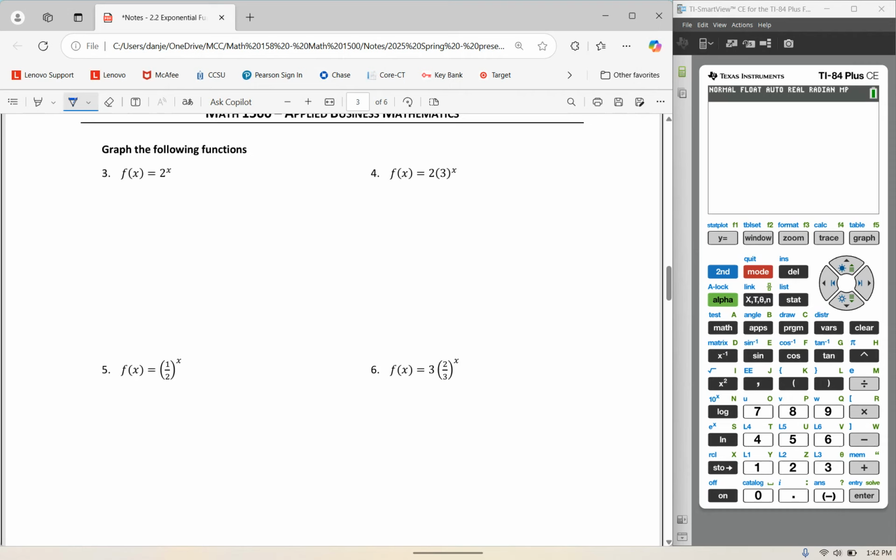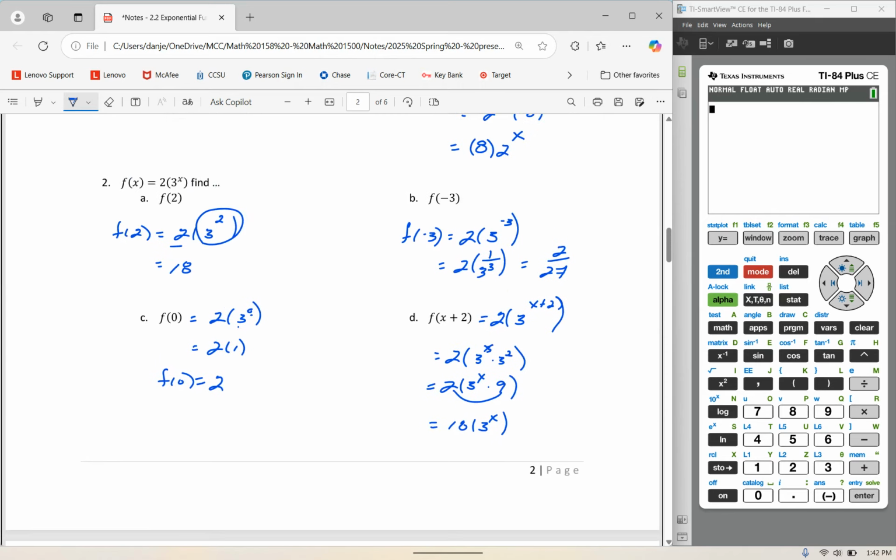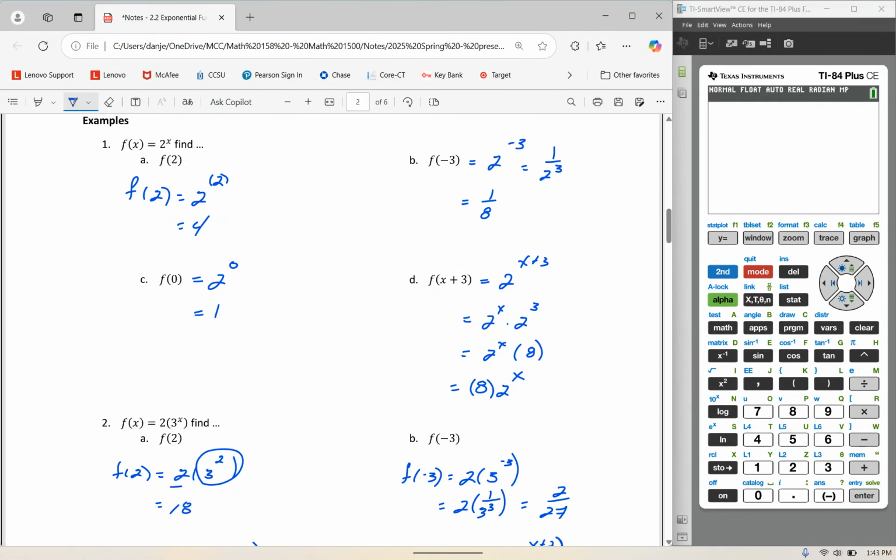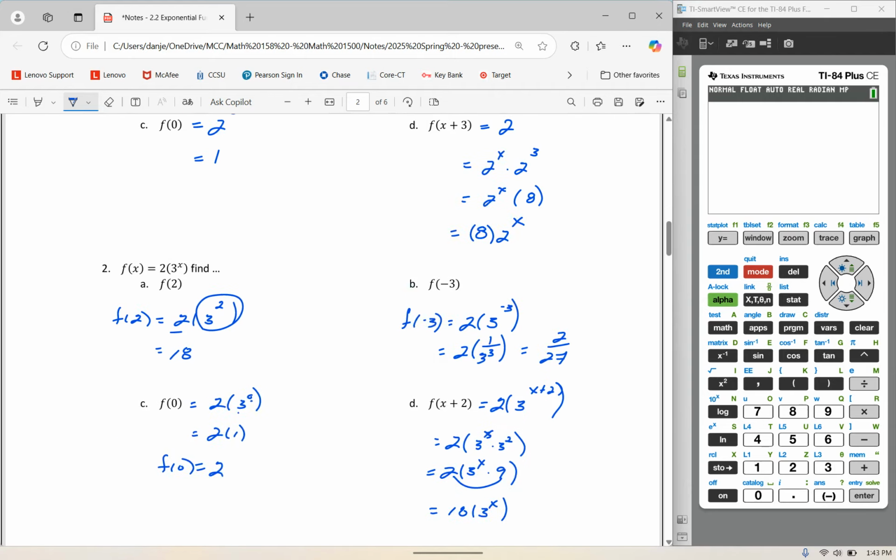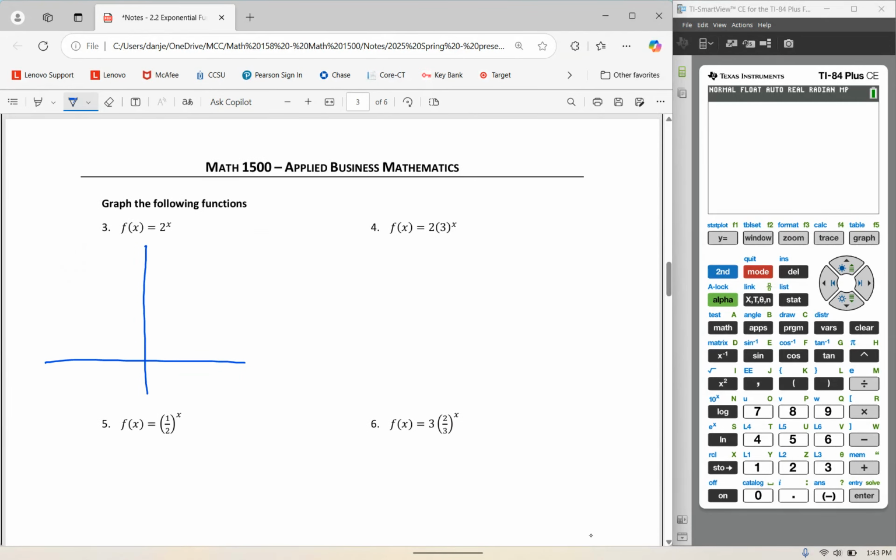What does the graph of an exponential function look like? So an exponential function, we might recognize this first one from up above. Okay? F of x equals 2 to the x. F of 0 was 1. If x is 0, we had 1, so here's my point, 0, 1.